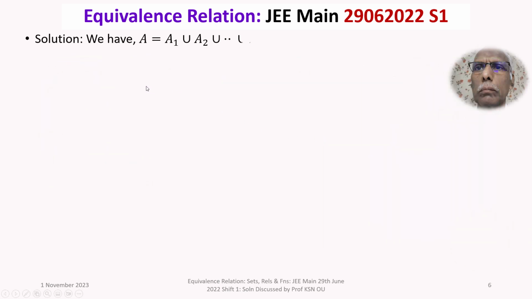We now discuss the solution of the problem in detail. We have A is the union of K sets, A1 union A2 union AK. They are pairwise disjoint, right?